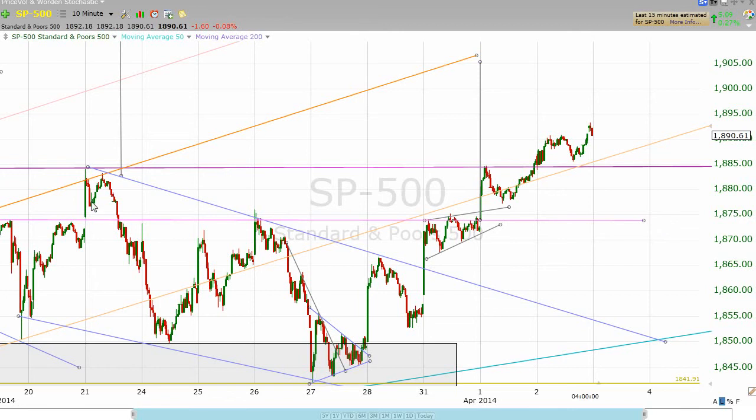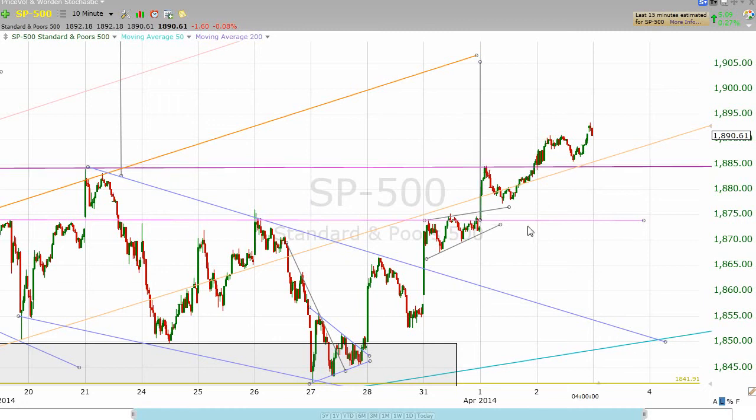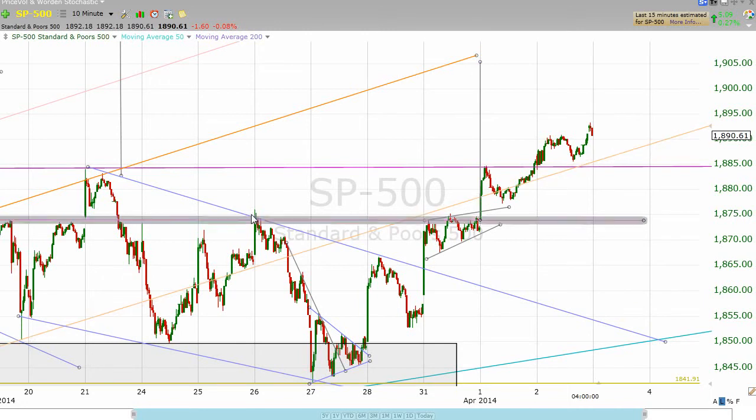Now I know we got over 1874 back here, and then that failed, because we hit more important resistance at 1884. But now that we're over 1874 and 1884, I think we can look to this pattern right here as projecting a minimum target of about 1905.